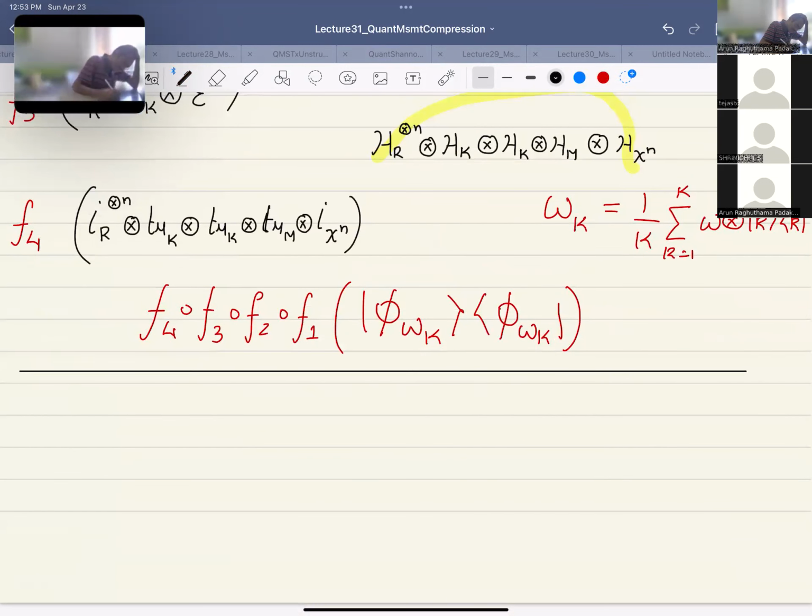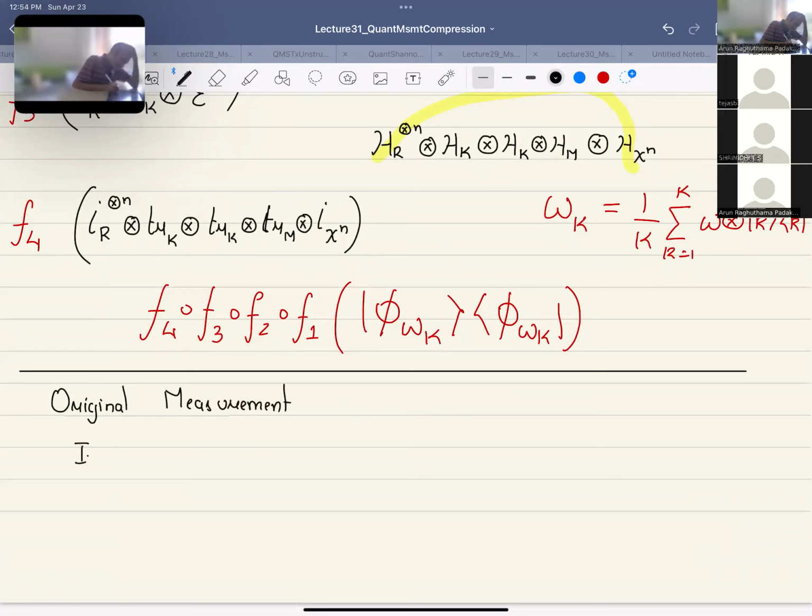What is my original measurement? I'm going to call it E. I'm going to write it in this language itself so that it makes sense to you. This is the analysis of the original measurement.